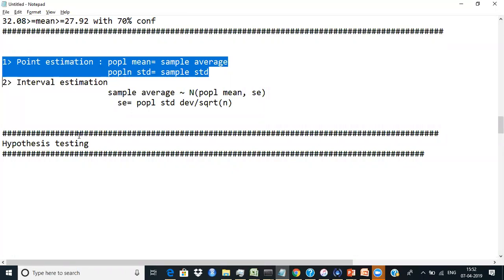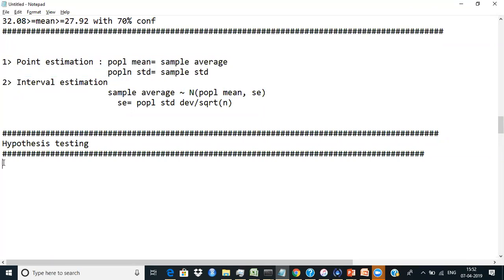These are the two possibilities. Hypothesis testing has a bit of difference. In hypothesis testing, what we try to do is validate our preconceived notion. Now, what do we mean by that?